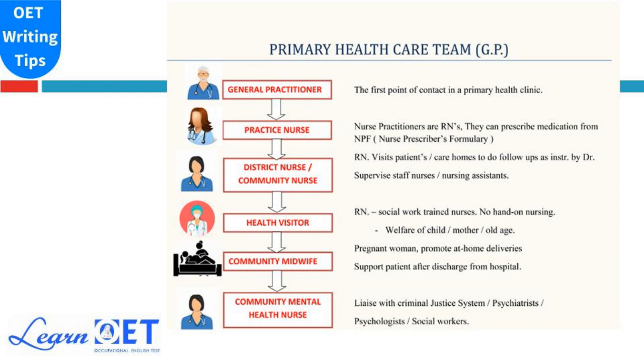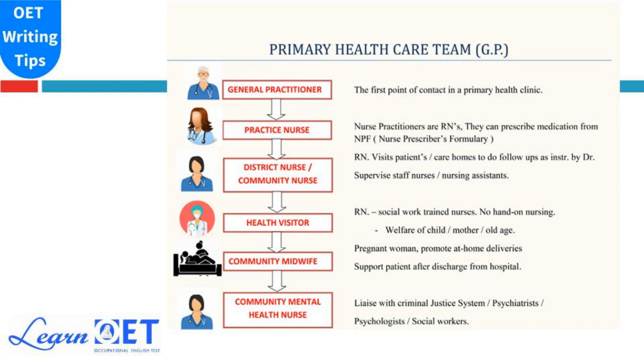And under the GPs, there are practice nurses or nurse practitioners. Both are the same. They are all registered nurses, but they studied further, maybe another 3 years to become a nurse practitioner, and they have the authority to consult a patient and to prescribe medications to the patients.